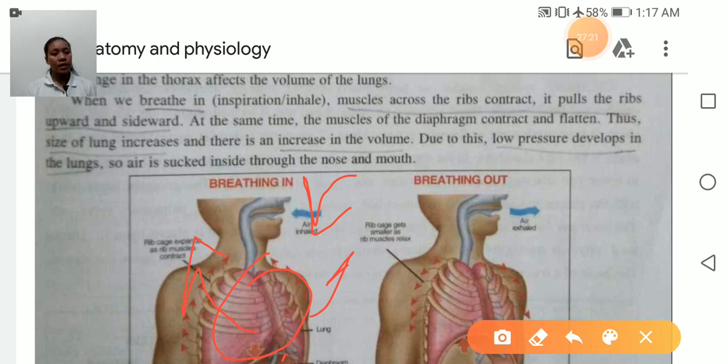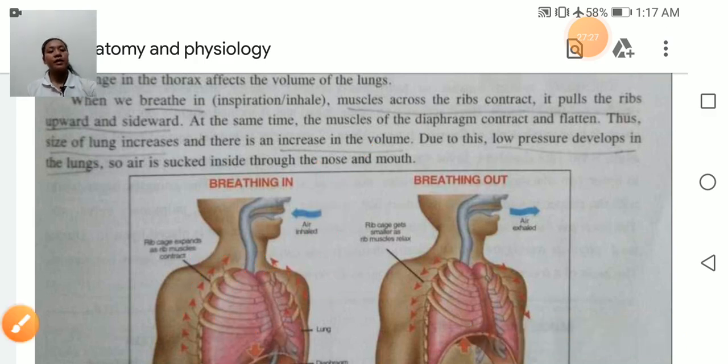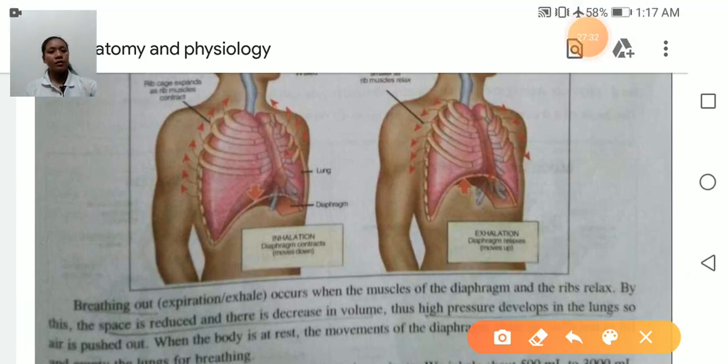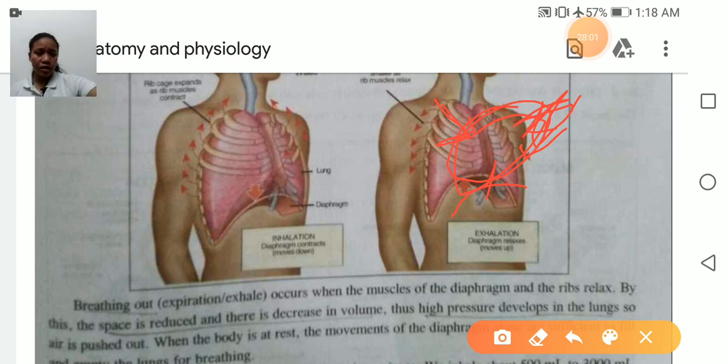If there is low pressure in the lungs, then there will be inhalation. And in breathing out, during exhale, when we relax, the muscles of the diaphragm and the rib cage relax, the rib cage comes inward and the diaphragm goes upward, and there is high pressure in the lungs.